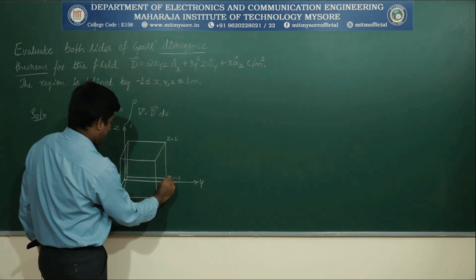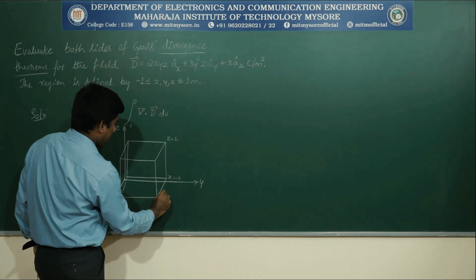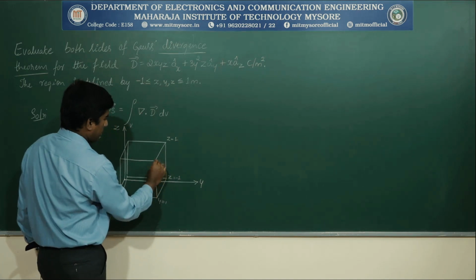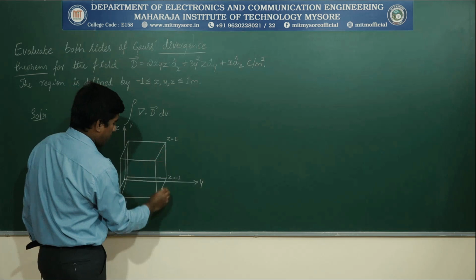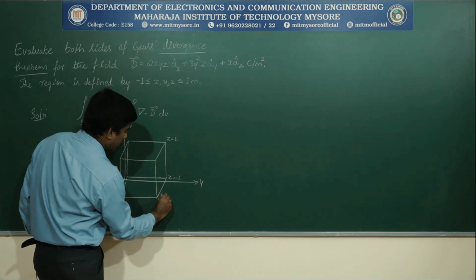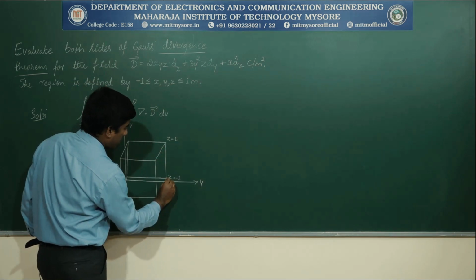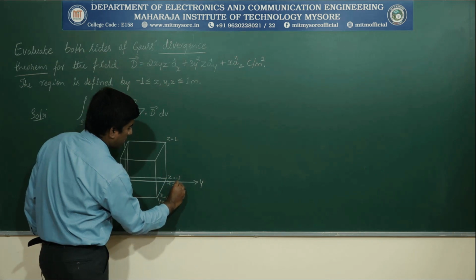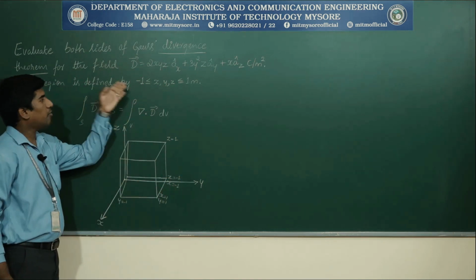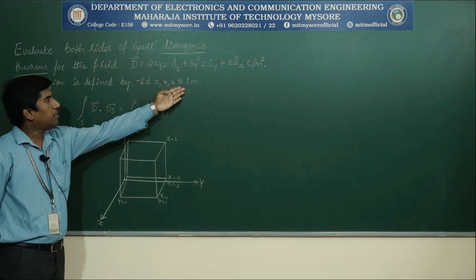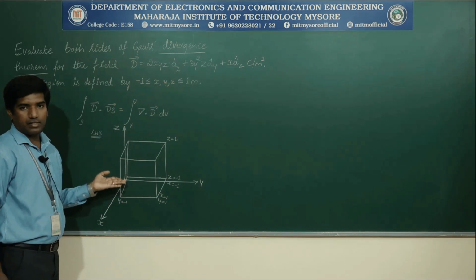What are we going to get for this face? For this face x is equal to 1, at this point x is equal to -1. This is what they have mentioned here, from -1 to +1 for all three axes.